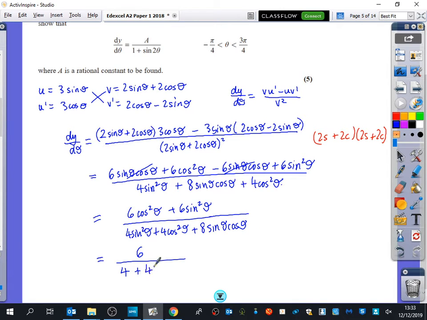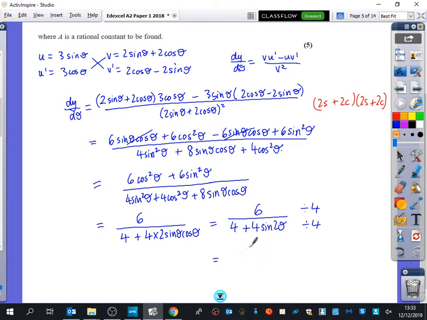Well, that looks like 4 times 2 sine theta cos theta, which is the same as, using our double angle formula, sine 2 theta. So we're really nearly there. The thing that we wanted to make it look like was a over 1 plus sine 2 theta. Well, these can't be here, so we need to divide the top by 4 and the bottom by 4.